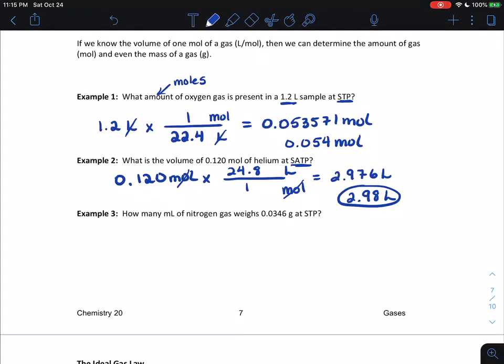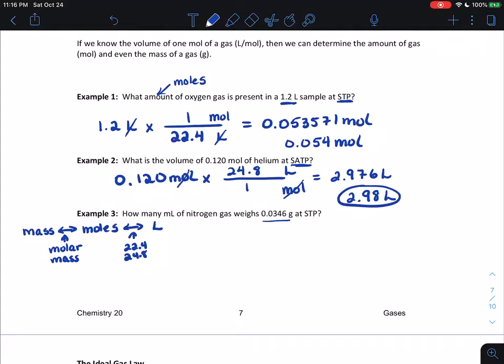Our next example says, how many milliliters of nitrogen gas weighs 0.0346 grams at STP? Well, this is actually a two-step problem because I can go from mass to moles using molar mass, and then from moles to liters using either 22.4 or 24.8, depending on what I've got in the question.